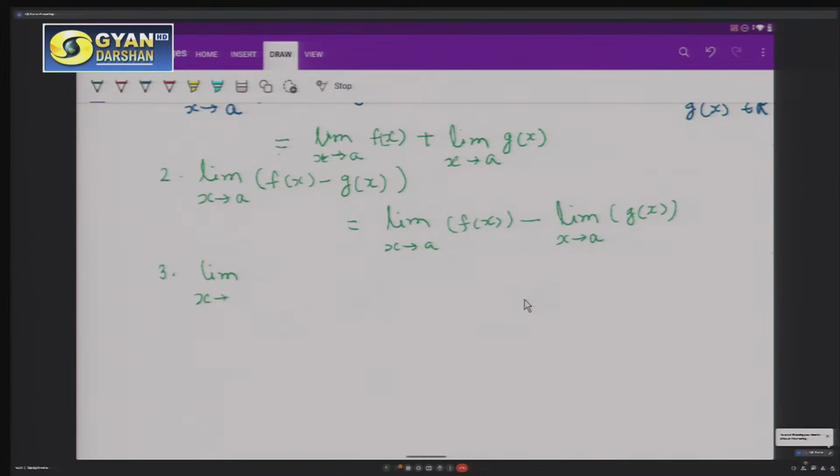Limit x tends to a f(x) into g(x), its value will be, you take separately the limit of f(x) as x tends to a and the limit of g(x) as x tends to a, and then you can multiply.